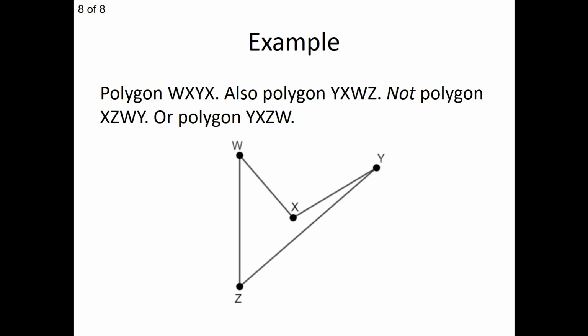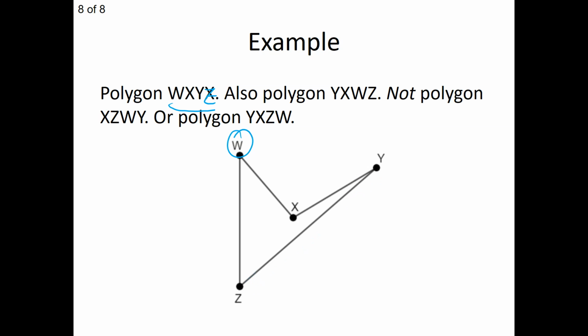So one name we can call this polygon is polygon WXYZ. That was a typo before, it should say Z. So what I've done is I've picked W as the starting vertex, and then I chose a direction. Let's head toward X first. Then I continue that direction, and I travel all the way around my polygon until I've named every single one of the vertices. So WXYZ is an appropriate name for my polygon.